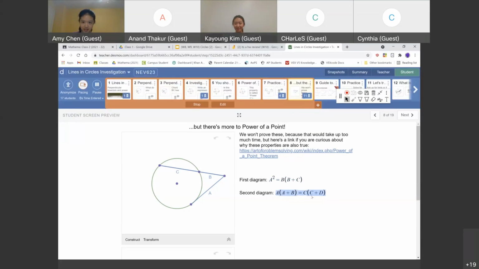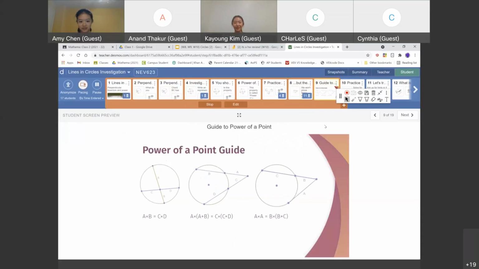So these are the three power of a point theorems, and they're very important. If you don't memorize them right now, that's okay. We can continue to remind you as we go along today, but in the future it'd be a good idea to memorize them. And once you do this at school, it's gonna be hard to forget though.